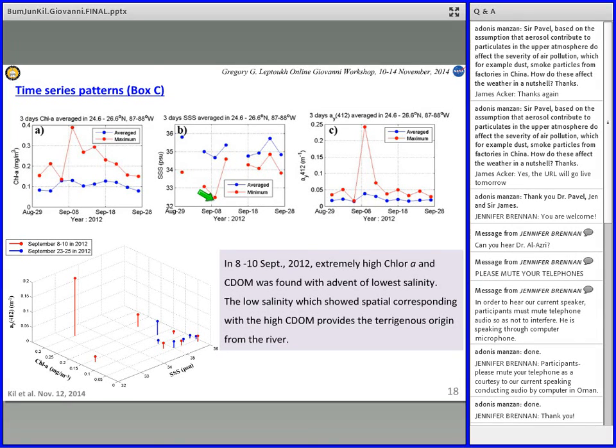So in the scattered stem plot, we separated two groups: the presence of the optical tail, which is September 8th to 10th, and the period after the optical tail event, for the same box area with collocated samples.